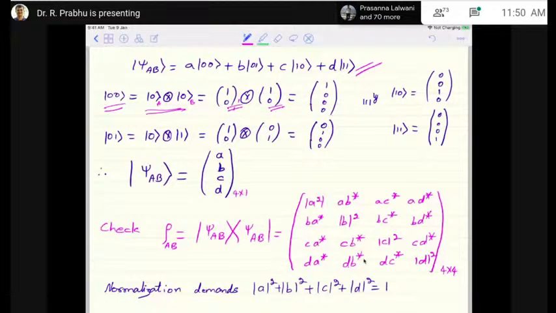Therefore we obtain a 4 cross 1 matrix. When you obtain the 4 cross 1 matrices for |00>, |01>, |10> and |11>, you add everything up and you will get psi_AB in this form.